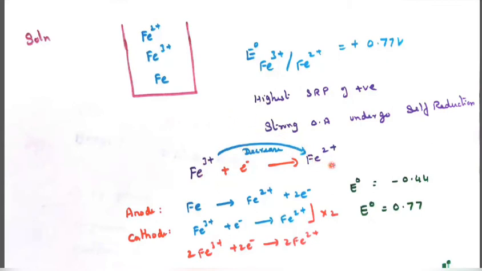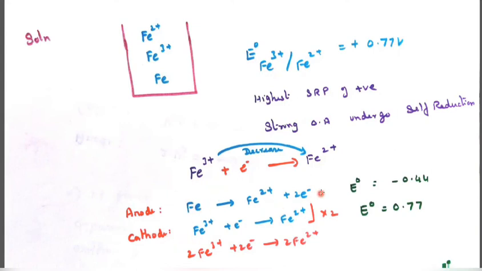The difference between 3+ and 2+ is 1, so that 1 electron should be put on the higher oxidation number side. It has gained an electron, so Fe3+ is reduced to Fe2+. Fe gives Fe2+ plus 2 electrons, because here it is 0 and here 2+. The difference between these two is 2 electrons, and the 2 electrons should be put on the higher oxidation number side. So this is oxidation, the anode, and this is reduction, the cathode.